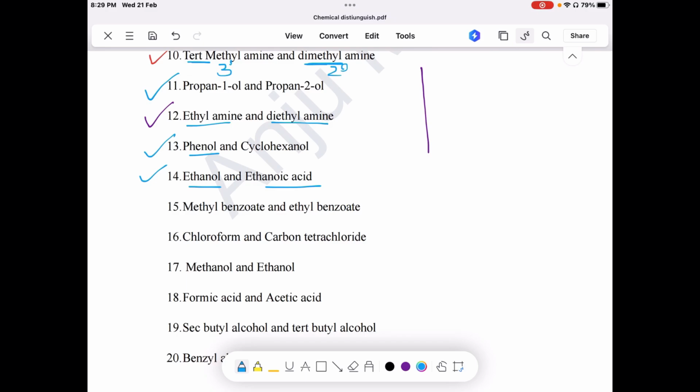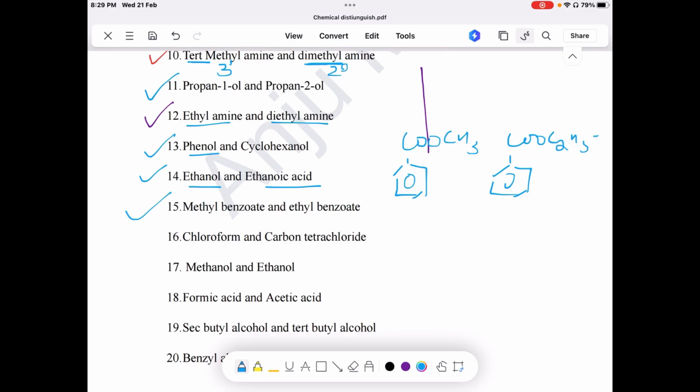Next we have methyl benzoate and ethyl benzoate. In the ester part we have COOCH3, the methyl, and the ethyl part is COOC2H5.